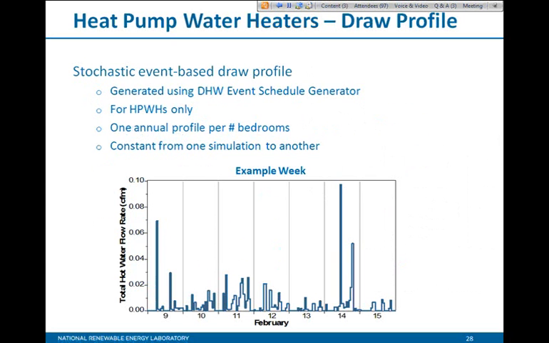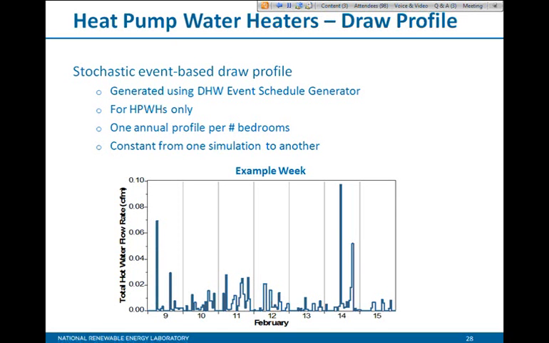I should point out that when you select the heat pump water heater option in BEopt, you'll be using a different hot water draw profile, and the draw profile used will be a stochastic event-based draw profile that was generated using the domestic hot water event schedule generator tool. And again, this is only when you select a heat pump water heater.